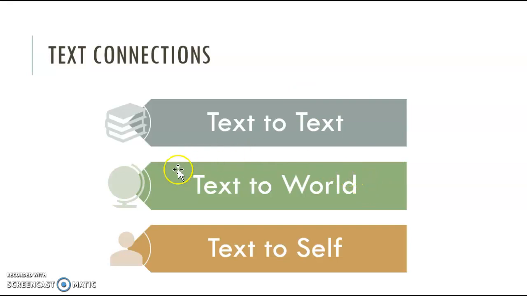The second connection is text to world, and that means connecting whatever you're reading to maybe a historical event, something going on in politics, a social issue, an environmental issue. Maybe what you're reading talks about how one country is handling something and you compare it to how a different country is handling the same thing. Those would all be text to world connections.